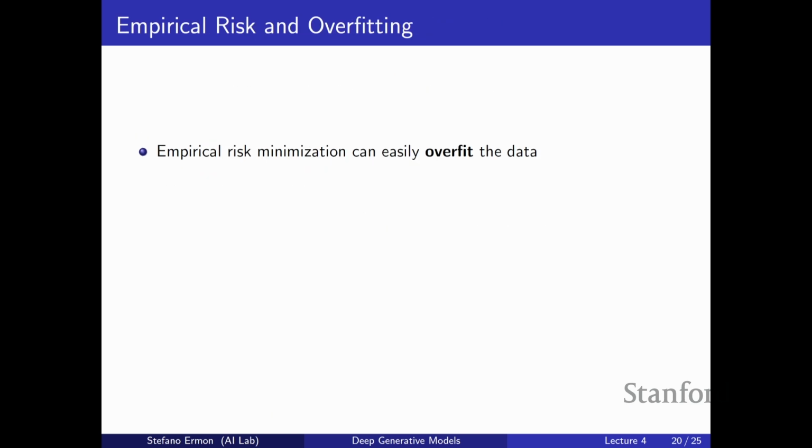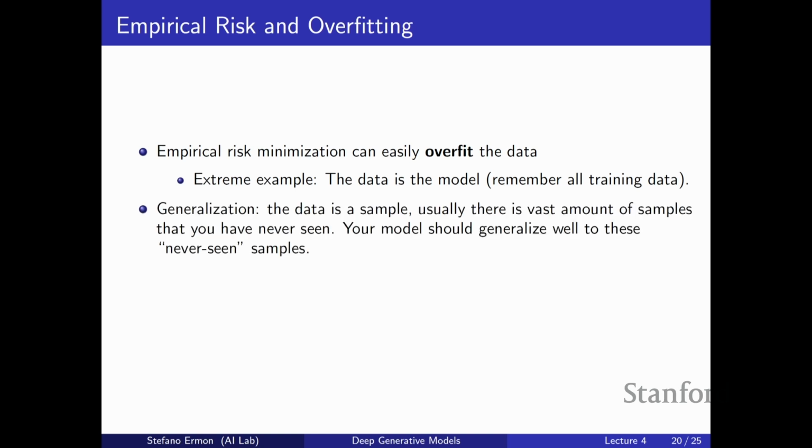The other thing to keep in mind is that there is always the risk of overfitting that came up before. If you just blindly optimize that objective, you could just memorize the data set. If the data becomes the model, you're going to perform pretty well at this prediction task, but that's not what we want. We don't care about the performance on the data set.